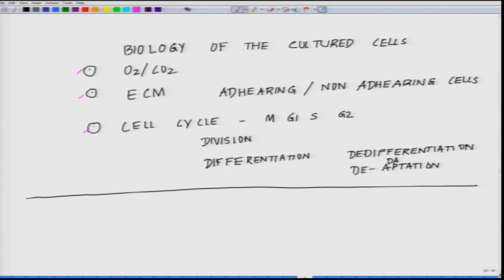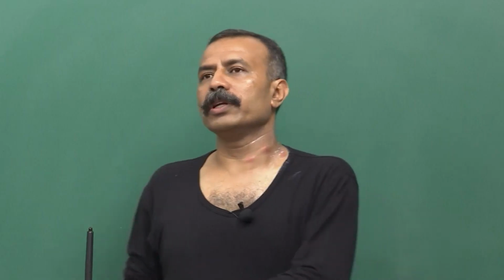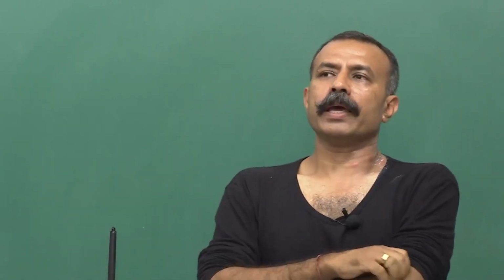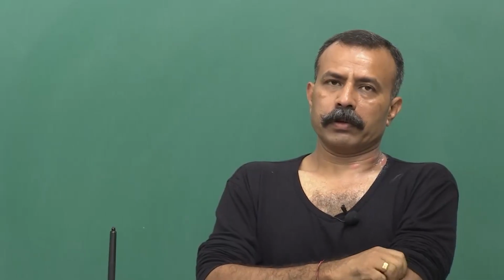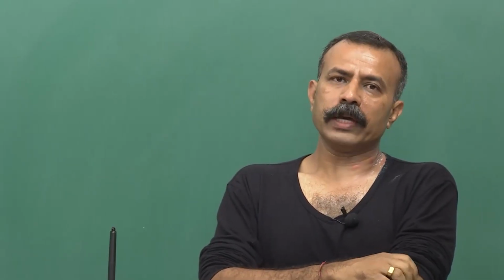There are a few more points in order to completely appreciate the biology of the cultured cell. One of the very critical and important things we will be dealing with is the pH: under what pH a cell is adapted to.